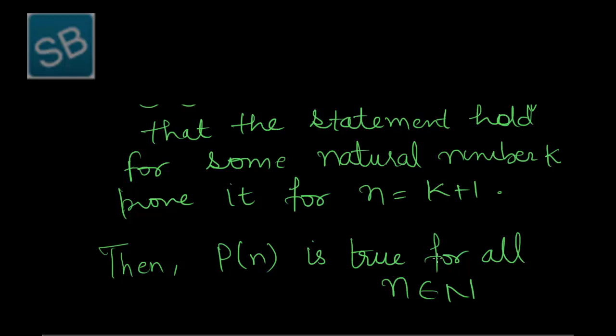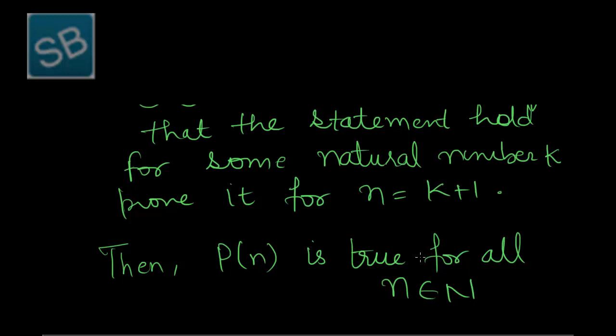So from the above topic, it is clear what steps are involved in mathematical induction. If we have to prove a result on the basis of mathematical induction, first of all we have to prove the result for n is equal to 1 or maybe 0, that 0 is the lowest value. If P(n) is true for the lowest value, then we will go for the further step, that is called the inductive step.